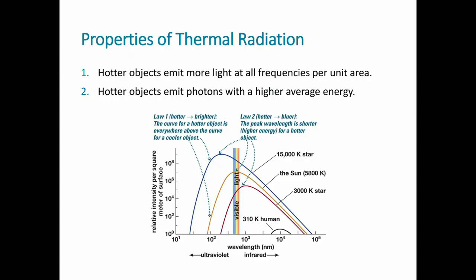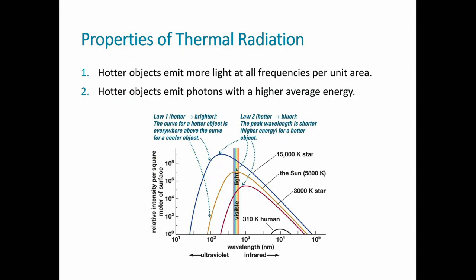So when you do that for the sun, you get this temperature of 5800 Kelvin, and that's the temperature of the surface of the sun. When we learn about stars later in the semester, we'll talk about the temperature of the inside of stars and the structure of a star.